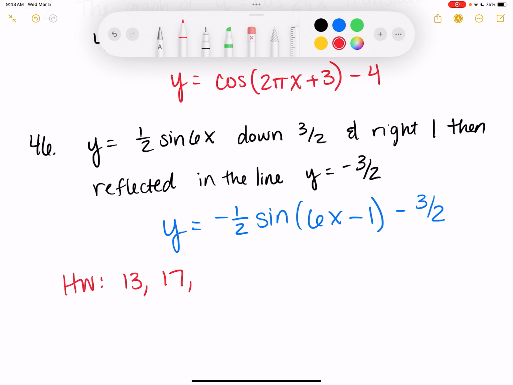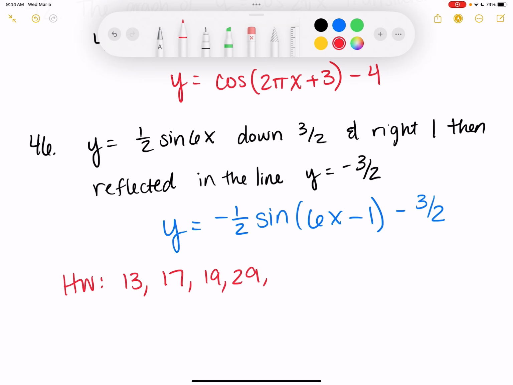Let's see, 19. I'm trying to give you some that are sine and cosine, so I'm trying to make sure. 13 is sine, 17 is sine, 19 is cosine, so we need another cosine one. 29. 31.